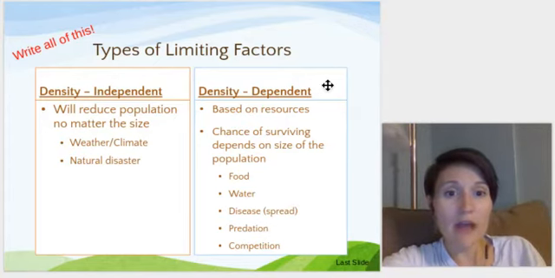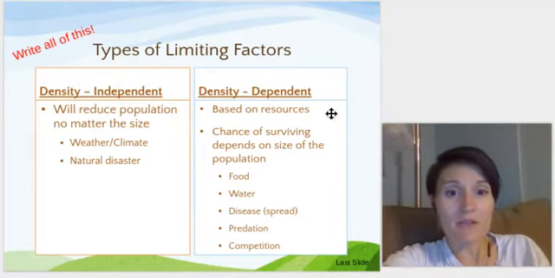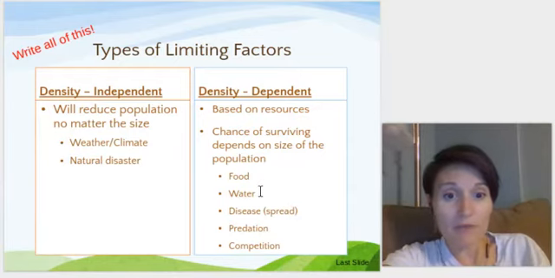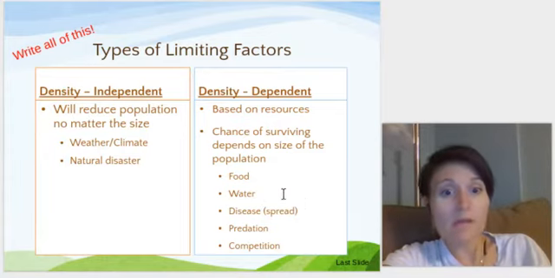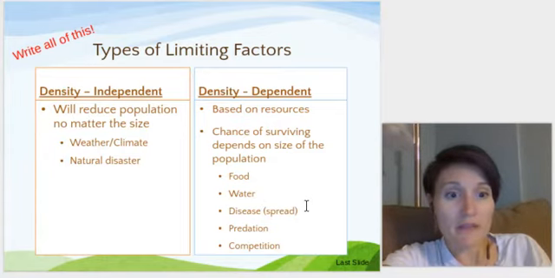If you look at density dependent, this is based on resources. So if a population is more densely populated, there's a lot of individuals in a little bitty space, then food will be more scarce because there's more mouths eating the food. Water will be more scarce and it will probably be more polluted as well because there's more feces that go along with the individuals if they're animals.